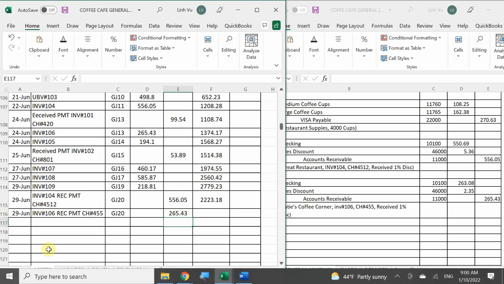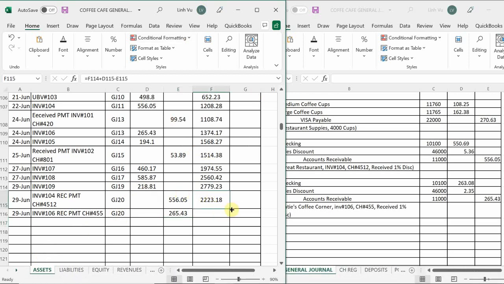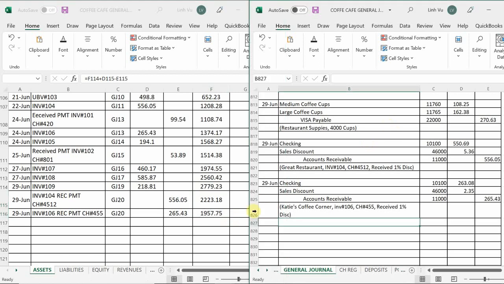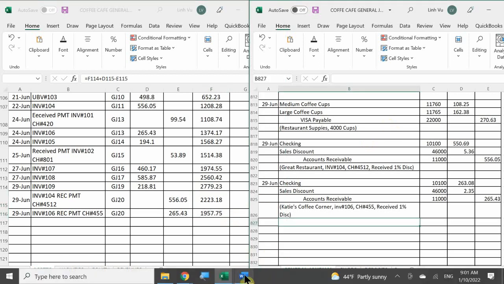Okay. So therefore, how much accounts receivable do we have? $1,957.75. Good. Okay.